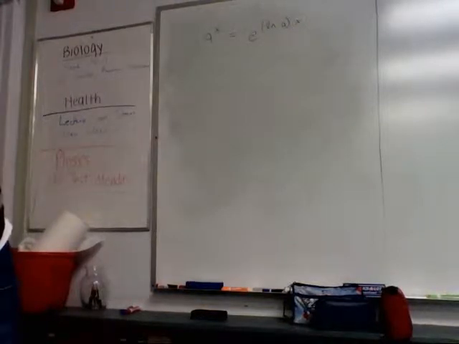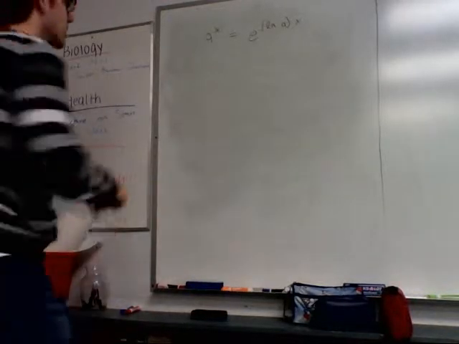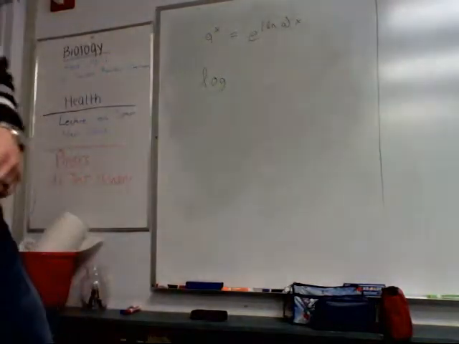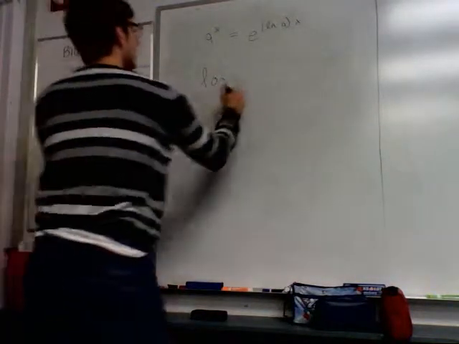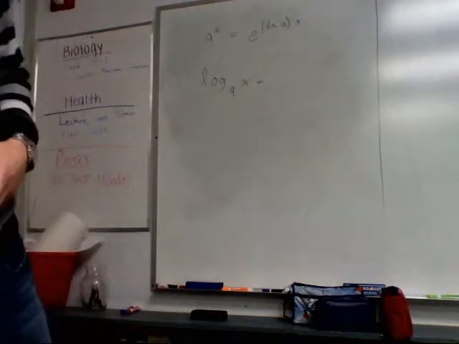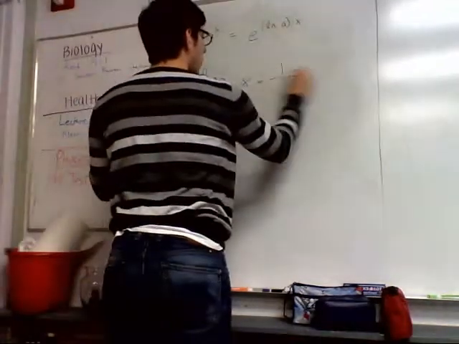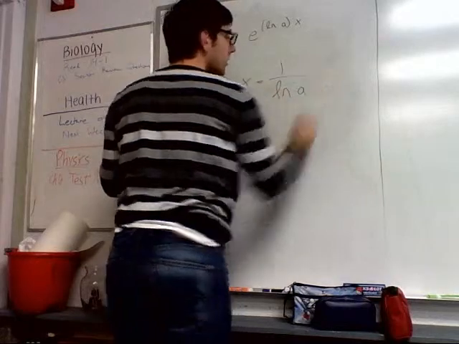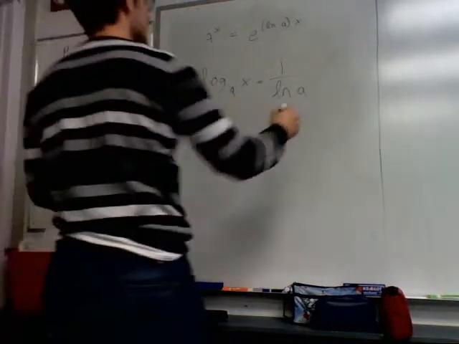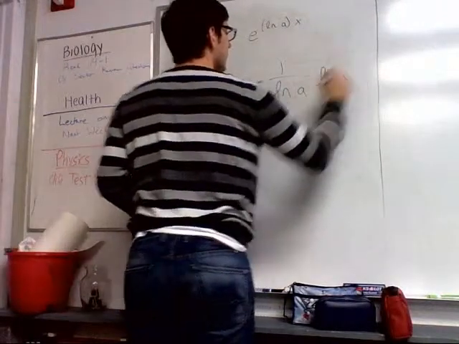So they also talk about a definition of a logarithmic function to the base of a. So log base a of x is equal to 1 over ln of a times ln of x, okay?